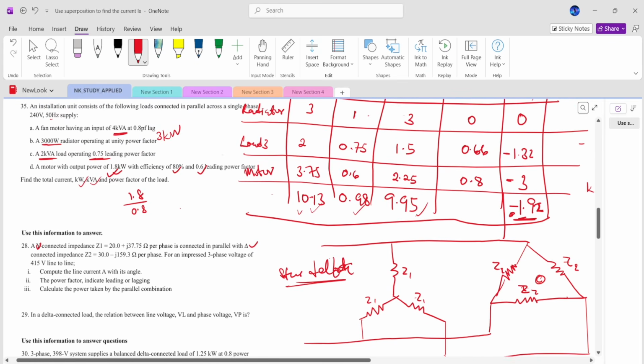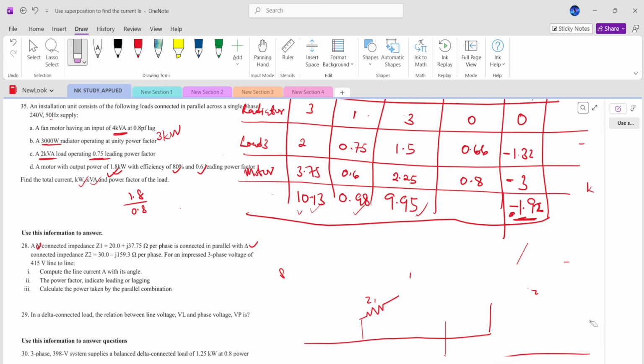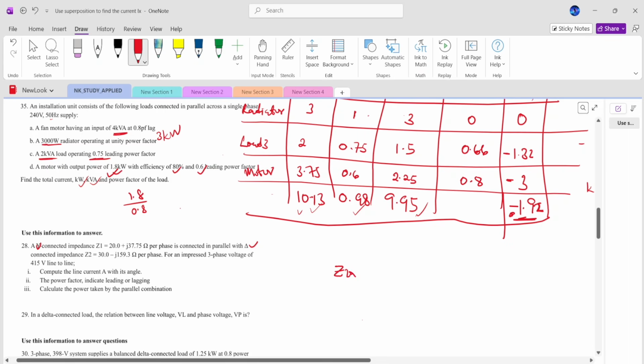So I'll go straight ahead. Changing from delta to star, we are dealing with a balanced load, right? If it's delta and you are changing to a star, simply divide the value by 3. So Z2 star is just going to be 30 minus j159.3 divided by 3.